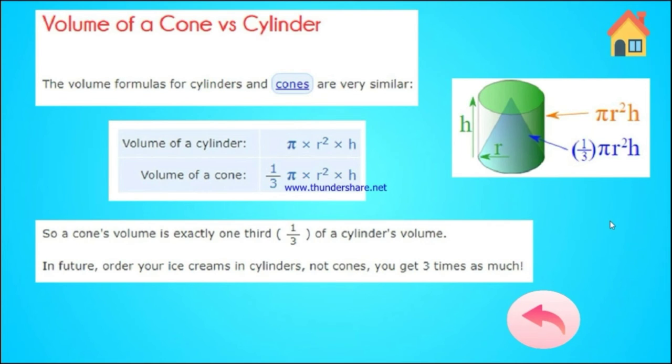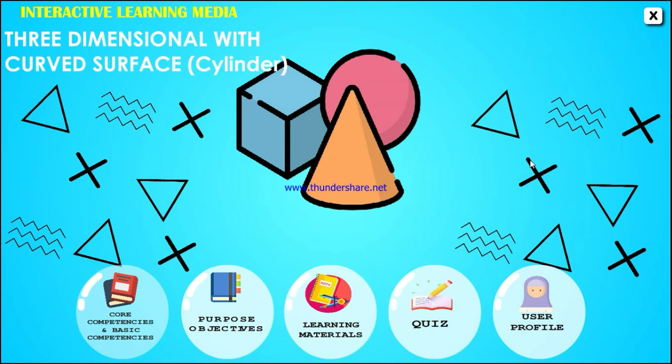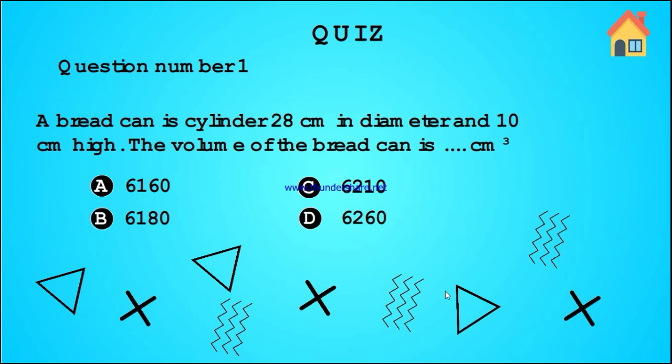After you finish the material, you can click the Home button to go back to the main menu. And the next is the quiz. In the quiz, you can choose the correct answer among 4 options. You can choose one option.